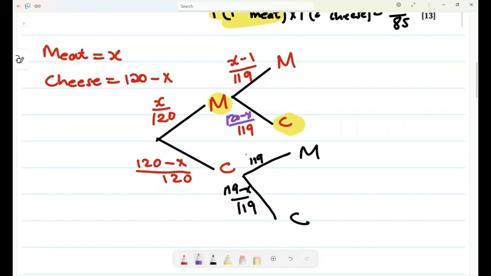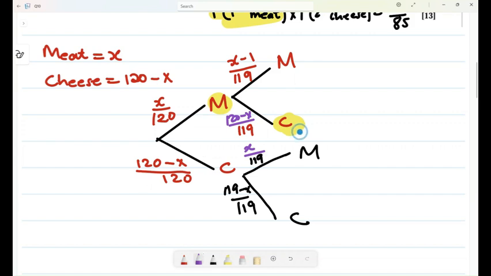Then here it's going to be divided by what's this? Meat is going to be x divided by 119. All right. Sorry for the inconvenience, right?